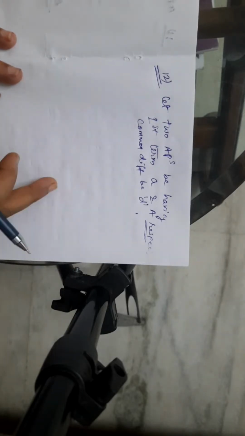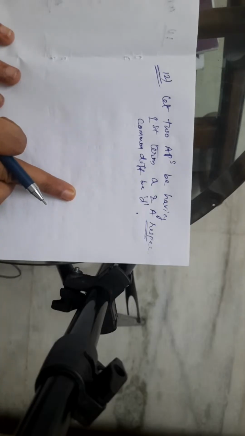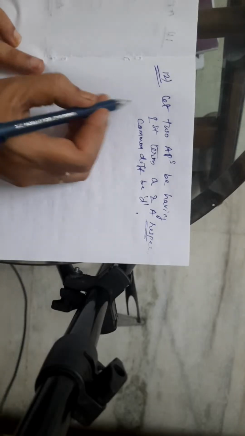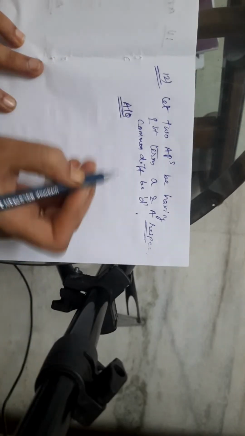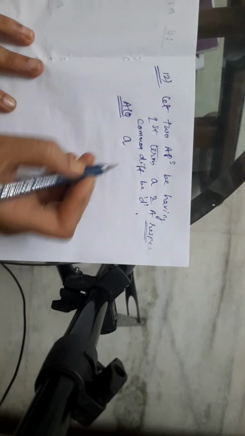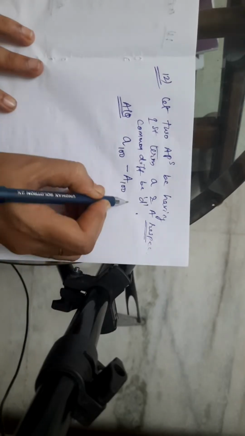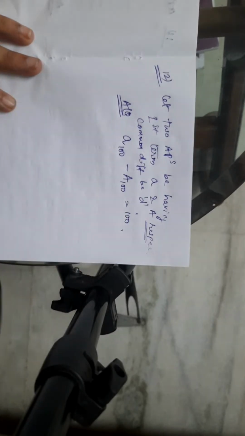Now further in the question it is given that their common difference is the same and the difference of their 100th term is 100. According to the question, if I consider the first term to be small a, then A100 minus capital A100 is 100. This is given in the question.